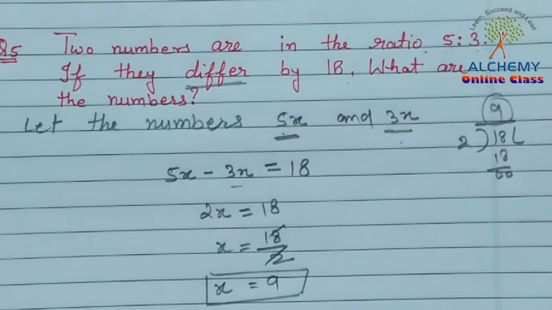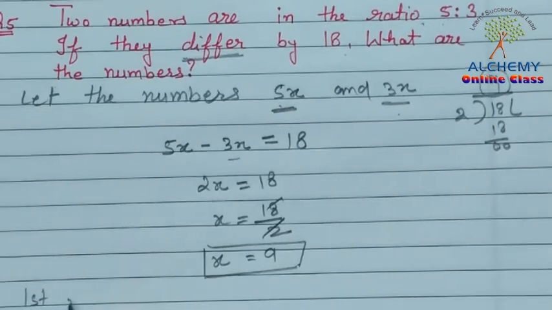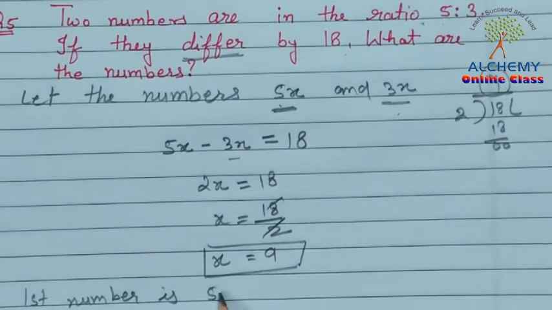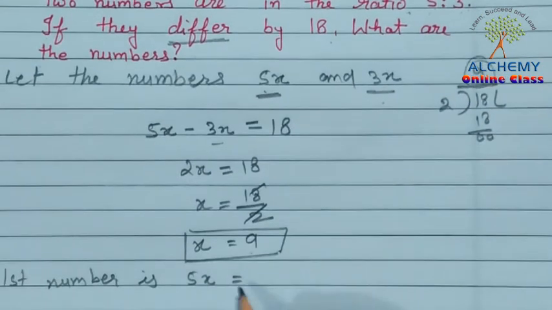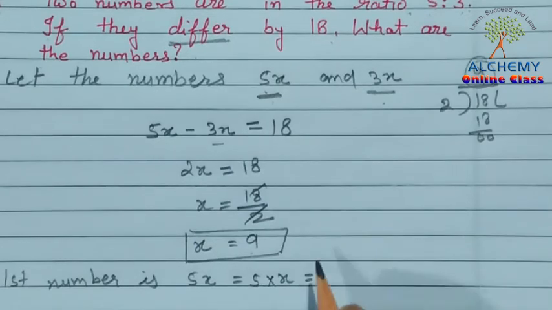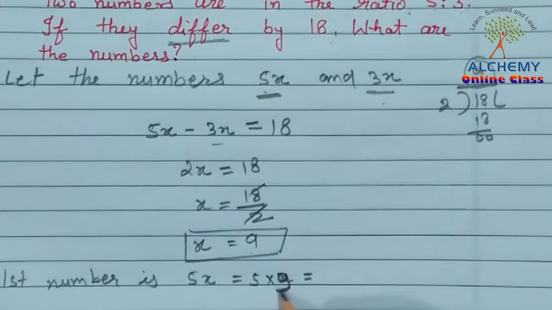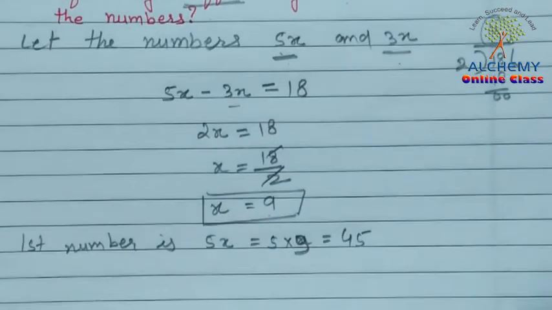Now the first number is 5x, and we got the value of x is 9. So we can write 5 into x is equal to 5 into 9 is equal to 45. What about the other number?